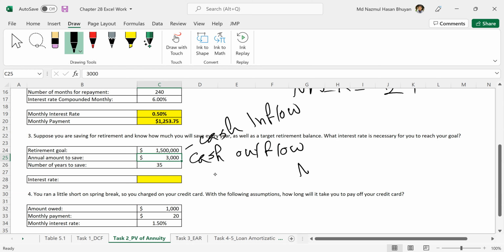Therefore, your NPER is equal to total number of years times number of annual periods per year. It is 1. Then rate, then NPER, then negative cash flows, then PV, and you don't have any lump sum present value, so 0.